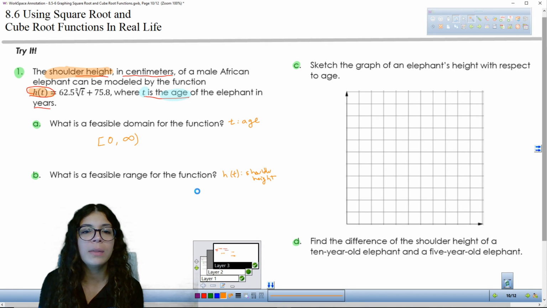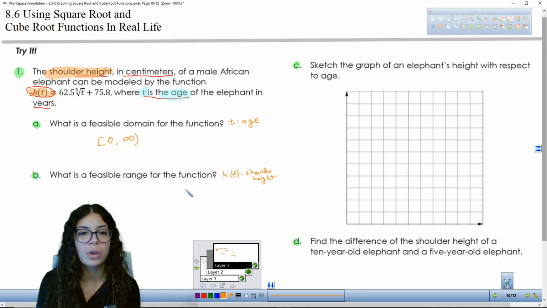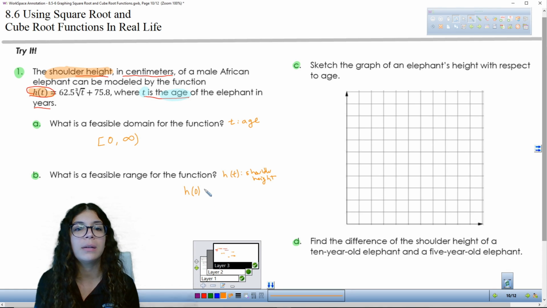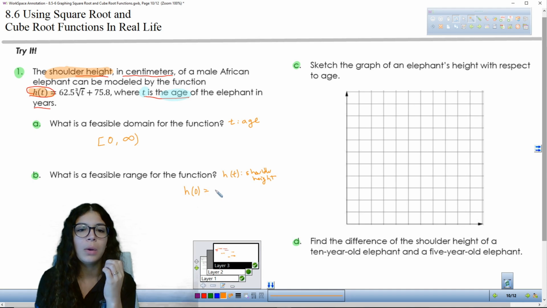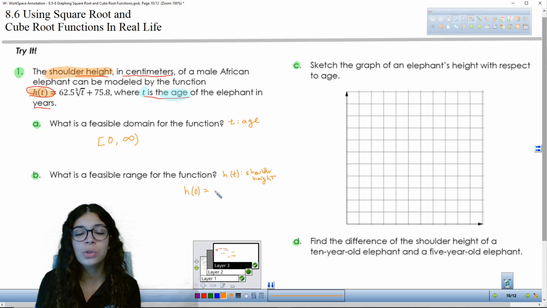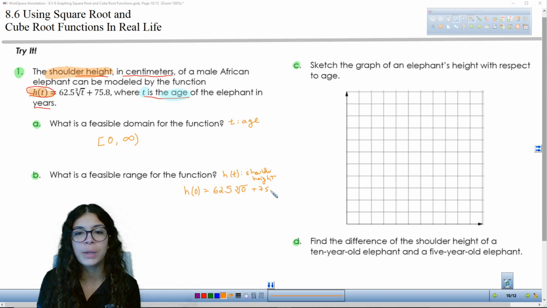So one way that we can find that minimum shoulder height is to find the height at birth, right? When you are just born at 0 age, right? You're just brand new, newborn. What is your shoulder height? So we'll find h of 0. So 62.5 cube root of 0 plus 75.8.